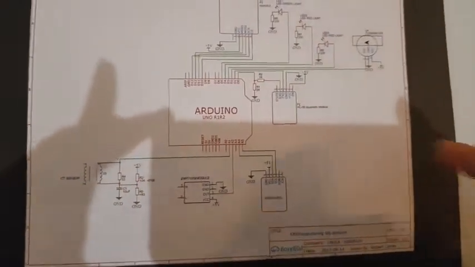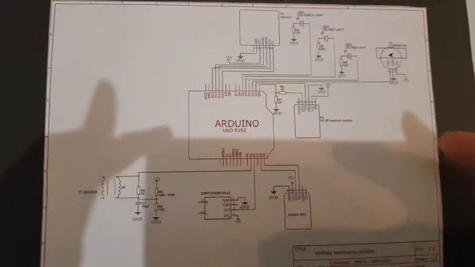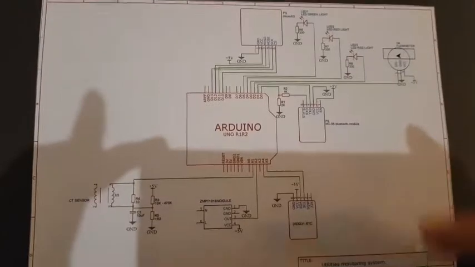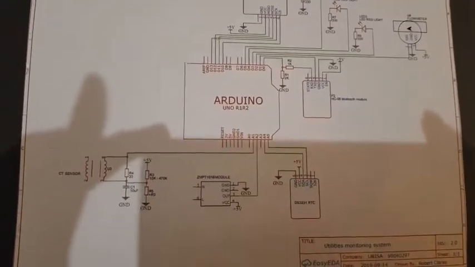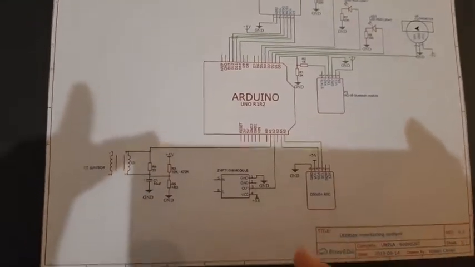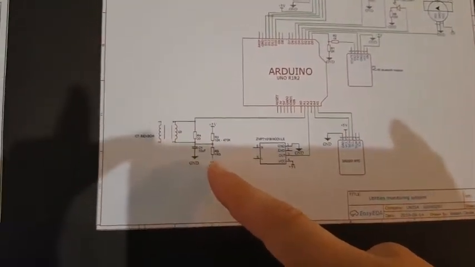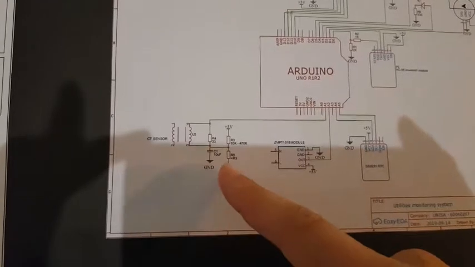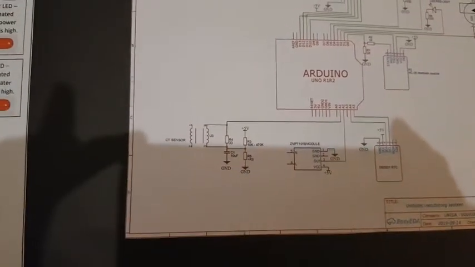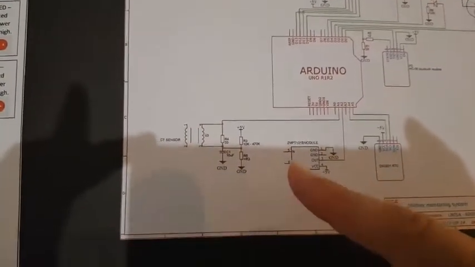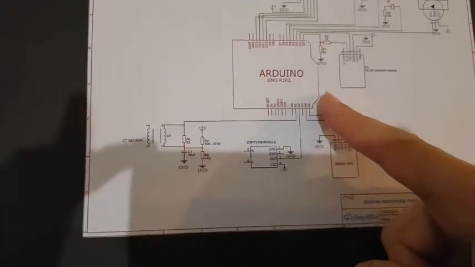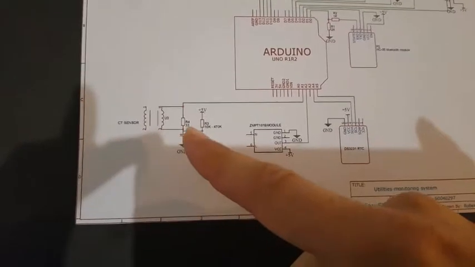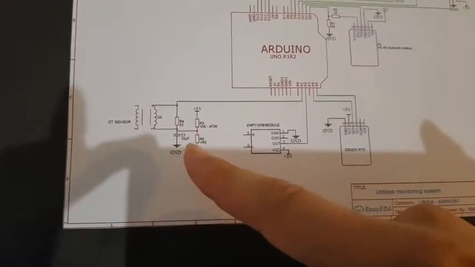If we look up here, this is our circuit diagram. There are minimal additional components required, as most of the system is made up of modular units. The current transformer requires additional circuits for conditioning the signal so that the Arduino unit can read it, as the signal is coming through as a current sine wave.